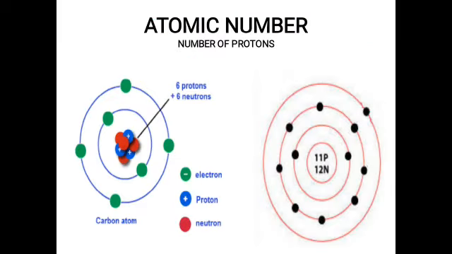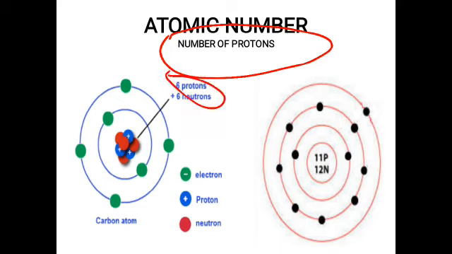Now, atomic number. Atomic number is the characteristic or unique property of every element. And you know, atomic number means the number of protons present in the nucleus. Like, if a carbon atom has 6 protons in its nucleus, similarly at the same time 6 electrons are present in its orbits.